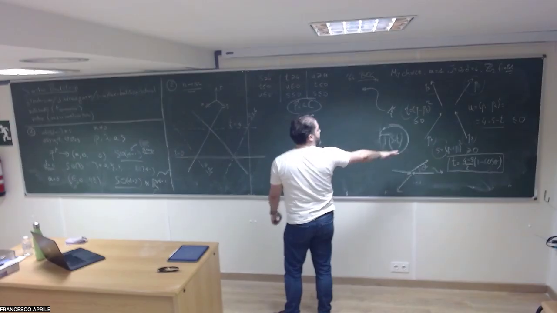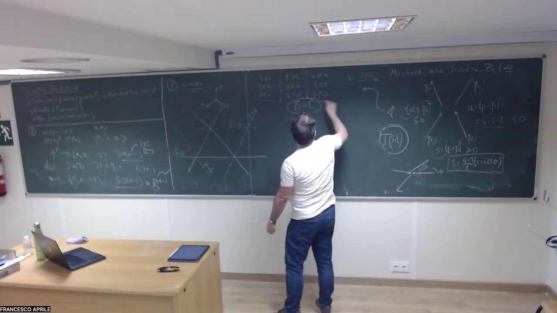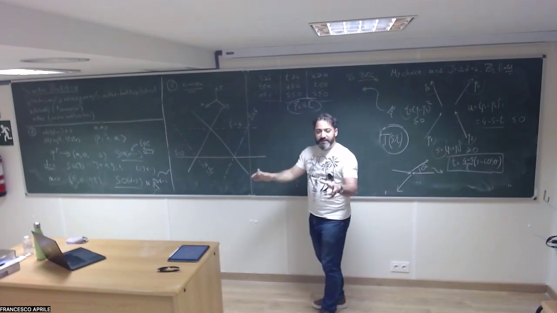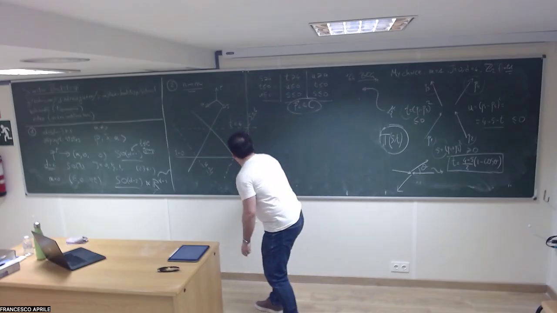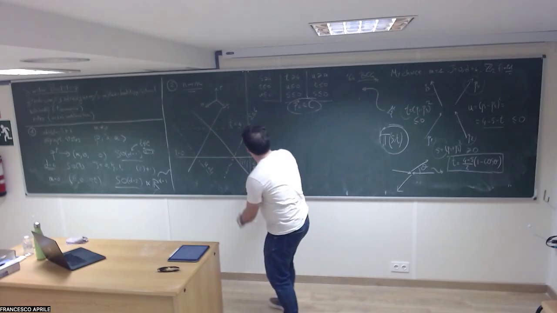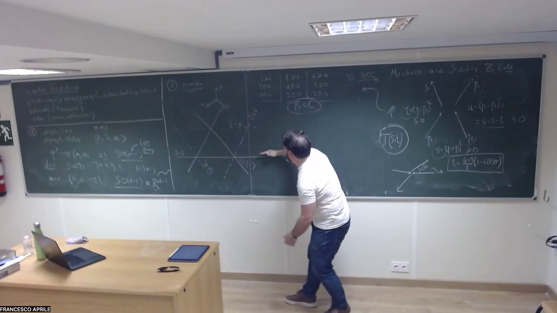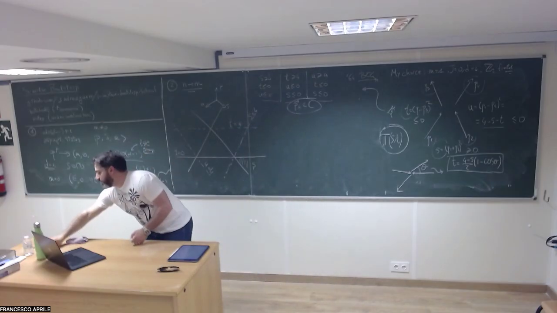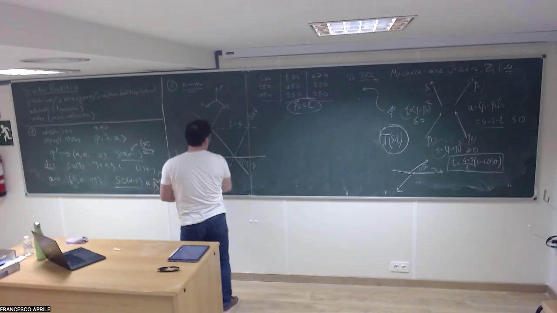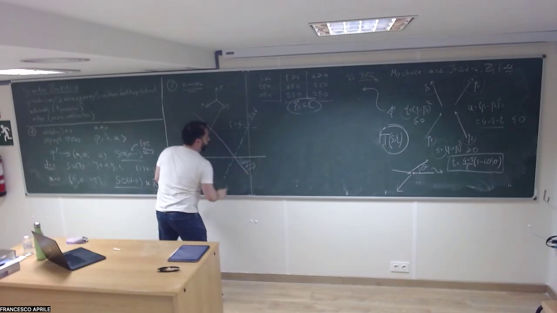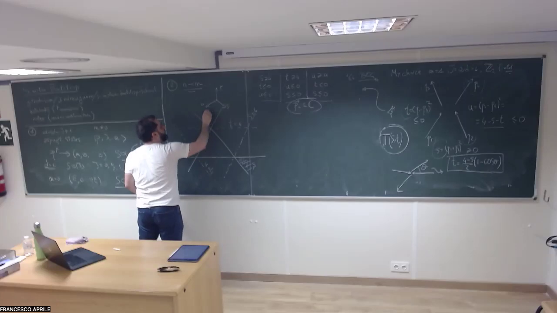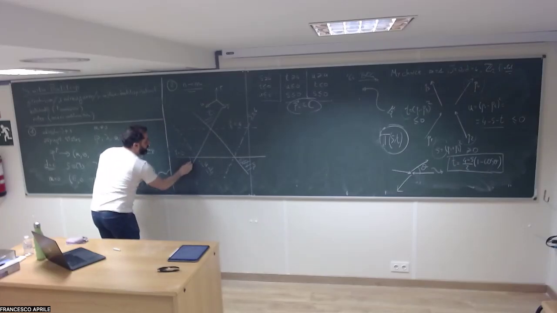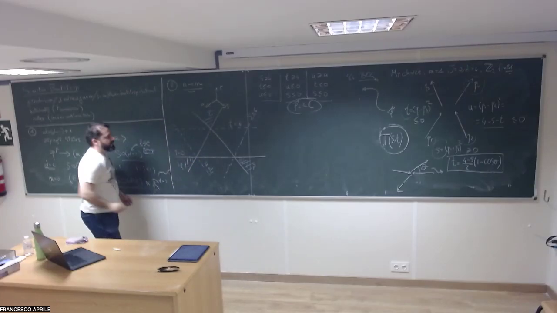And now the various regions where the different scatterings are. This would be the S channel region because S is greater or equal than 4 and T is smaller or equal than 0. So this will be S, then T will be up here, and U will be down here.